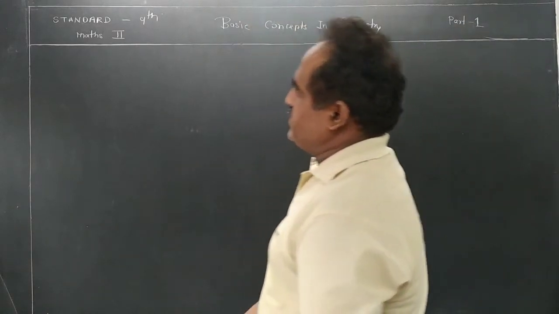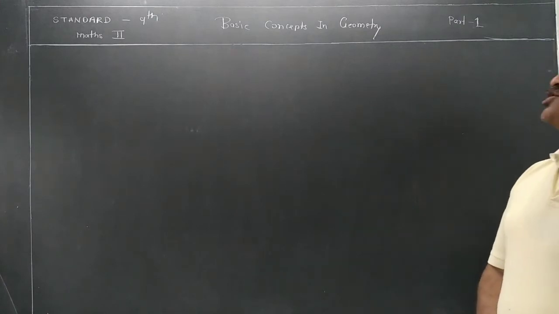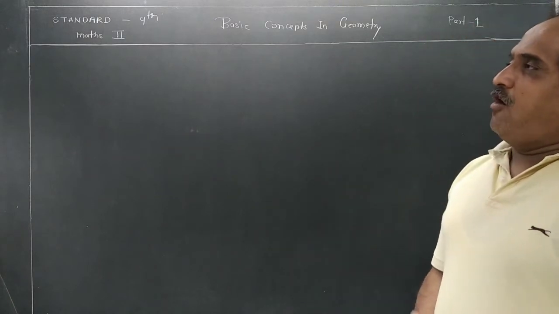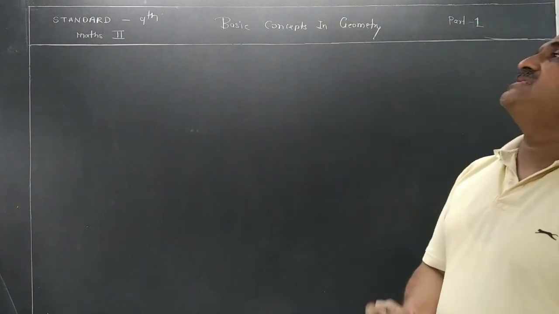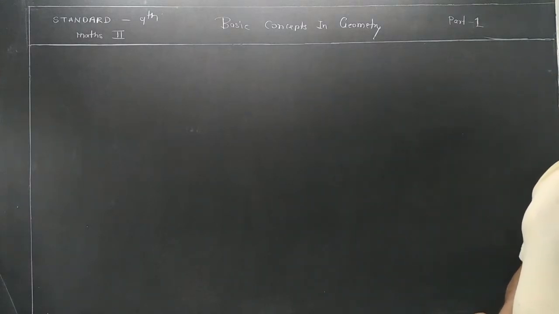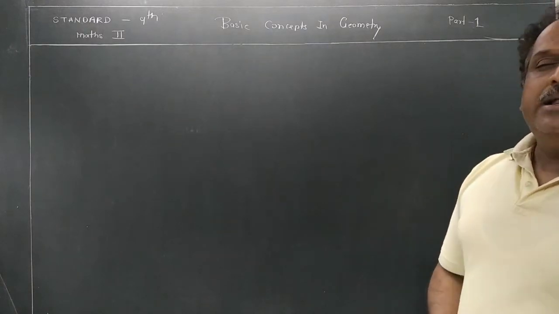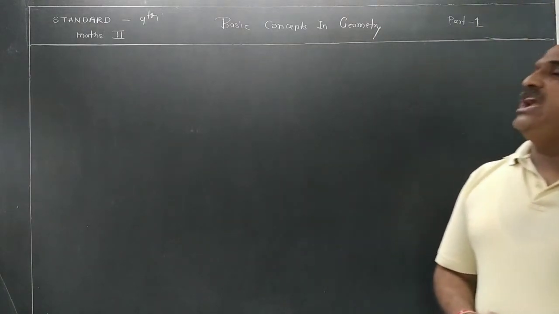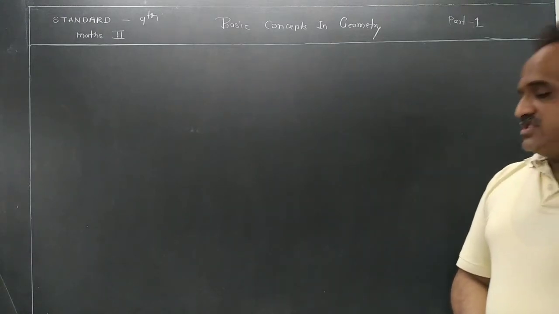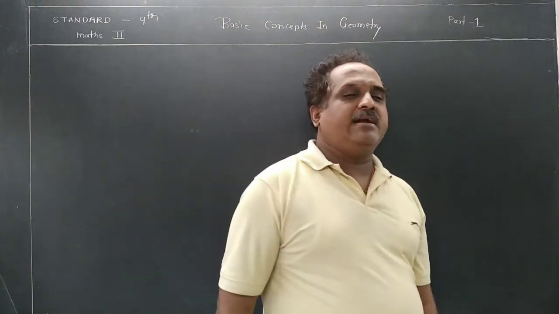Now, one thing is that Maths 1 and Maths 2, the entire syllabus of 9th and 10th, is the same. We can say that the first part is in 9th standard, the second part is in 10th standard. So whatever we are going to study this year, next year we are going to make use of it. If you see a topic like circle, one part is given in 9th standard and the second part is given in 10th standard.